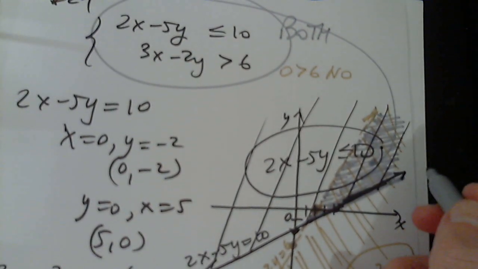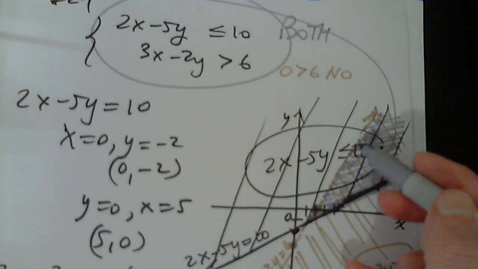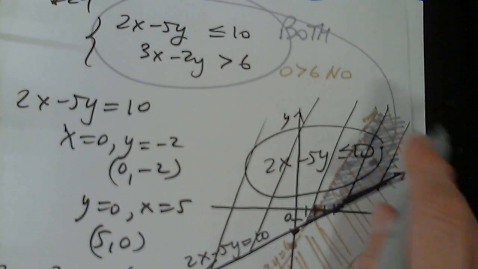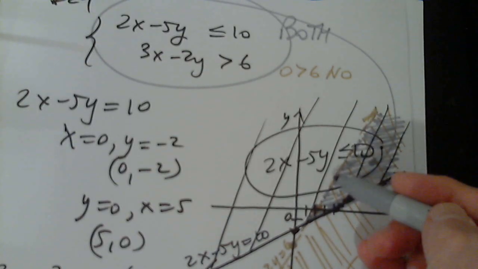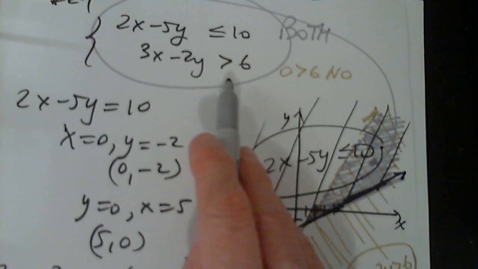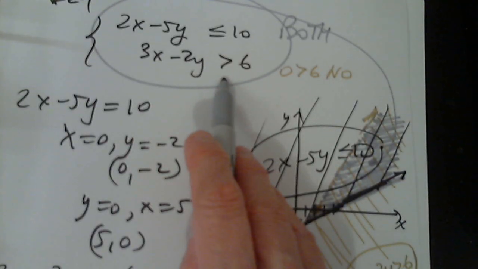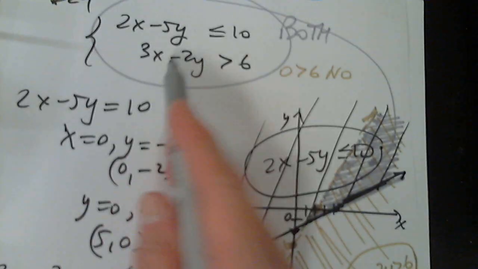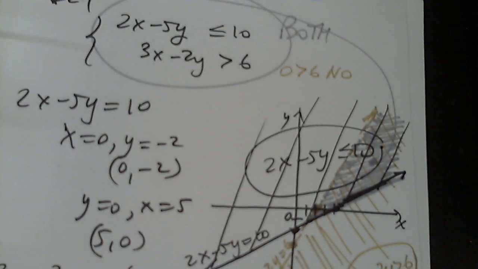Everything on this line, every point in between those two, but not points on this line because there is no equal symbol here. That's the only way we can graph and solve a system of inequalities.